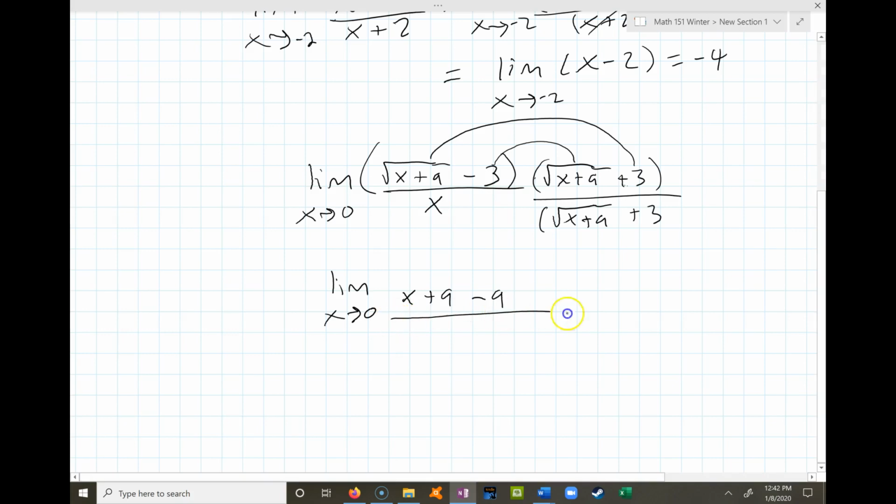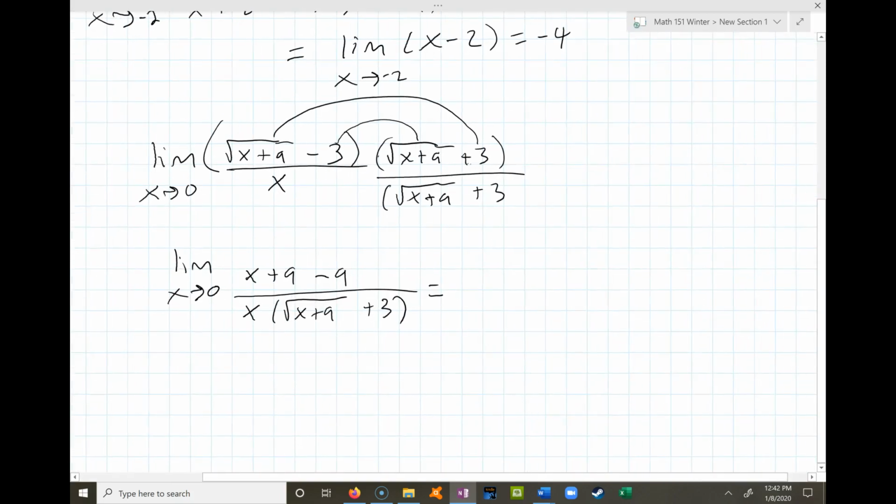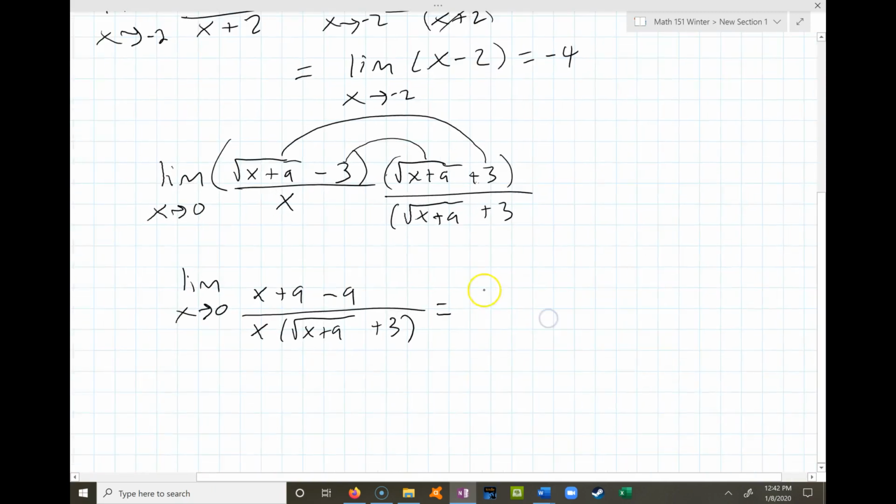So we're left with just that on top, and on the bottom we have x times the square root of x plus 9 plus 3. And now, of course, 9 minus 9 is 0, so we're left with just an x on top. Oh, I've got to write my limit there. Limit as x approaches 0 of x over x times the square root of x plus 9 plus 3.